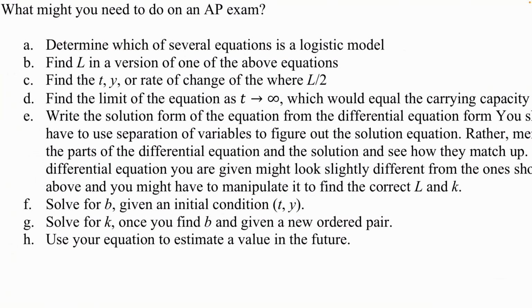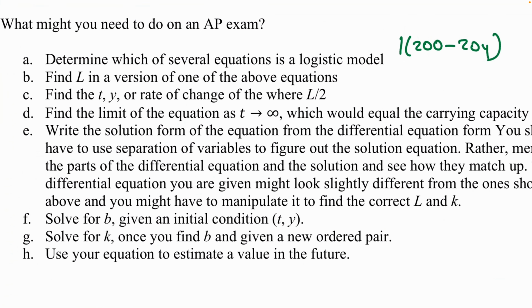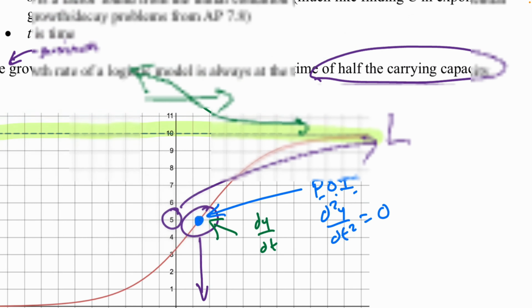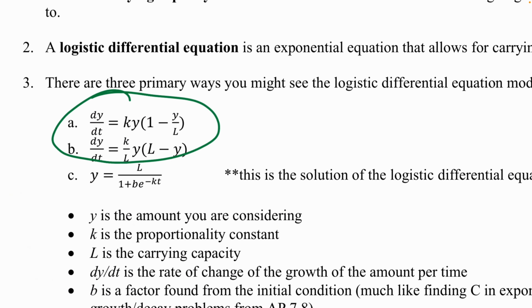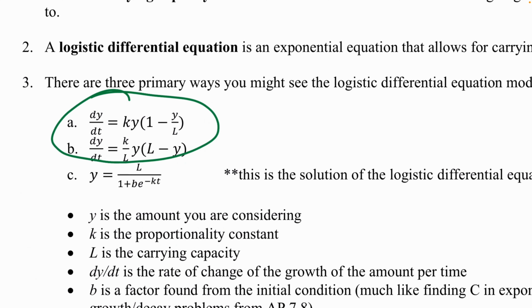Instead of the straightforward way that we saw it above, they might tell you that this is a logistic model, and they might ask you for the carrying capacity in that. Well, if you look at the equations from above, we would find out that this looks like equation B here, K over L times Y times L minus Y.